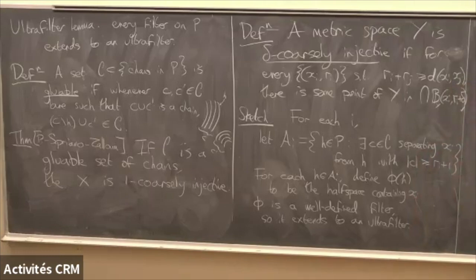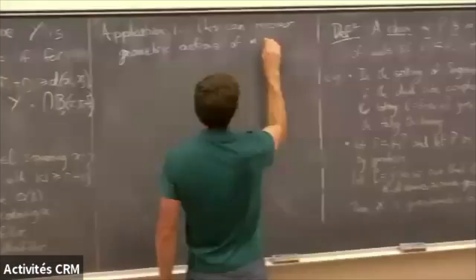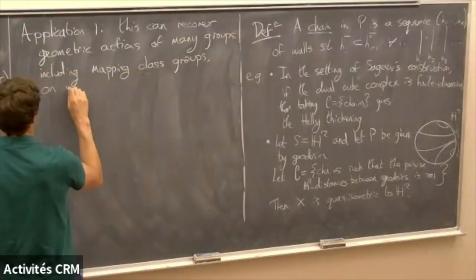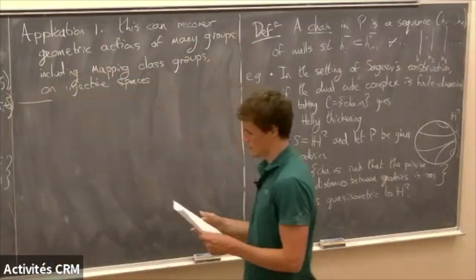It's not the focus of this talk, but we'll hear some about this from Abdul. This can recover geometric actions of many groups, including mapping class groups, on injective spaces. That's all I'm going to say about application 1.